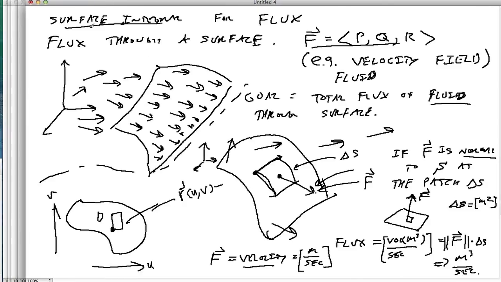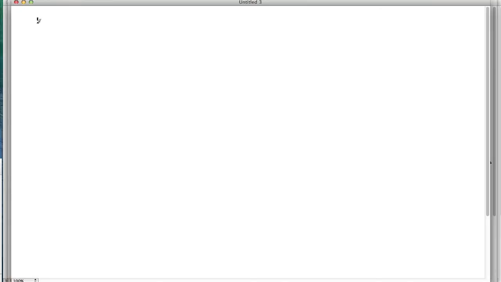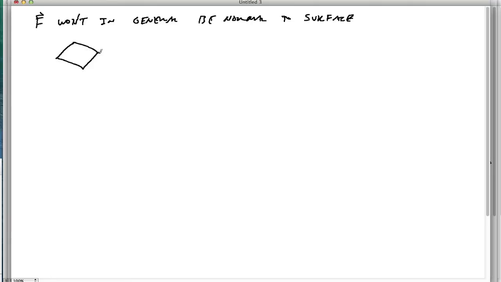However, in general, F won't be normal to the surface, right? So the idea here is we have our little patch of surface, but F might not be going perpendicular to the surface itself.